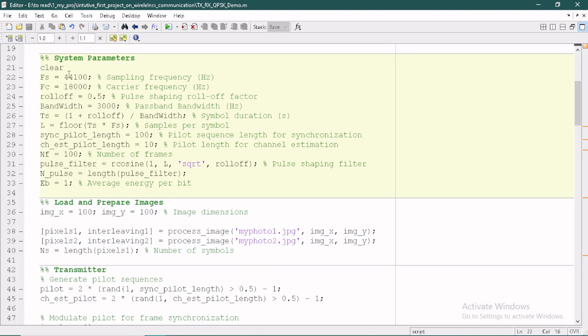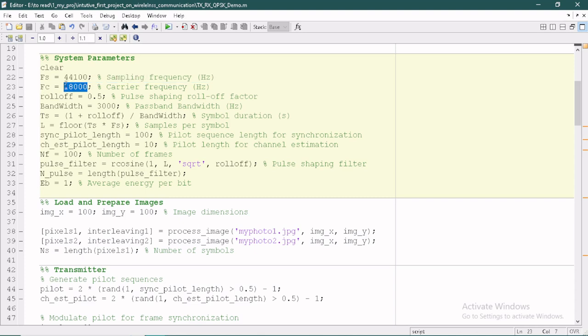Notice we have the sampling frequency or sampling rate. This is 44100, which is a standard audio sampling frequency. You should make sure from your device that it supports this sampling frequency, and most devices do, and even support a higher sampling frequency. This is the carrier frequency, and it's also set by us.